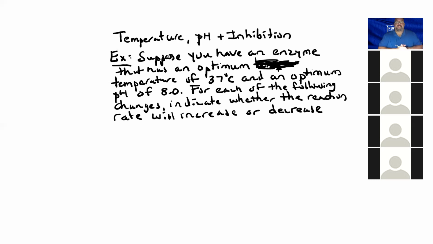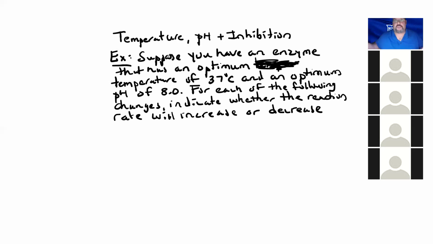For pH, it's a pretty similar thing. For each and every enzyme, there is a pH where that enzyme is going to work at its best. That is what is known as optimum pH, because that pH best maintains the tertiary structure of the enzyme. It's the pH that best maintains the shape of the active site. And if you think about it, as you go below or above, as you go away from the optimum pH, what happens to the enzyme?